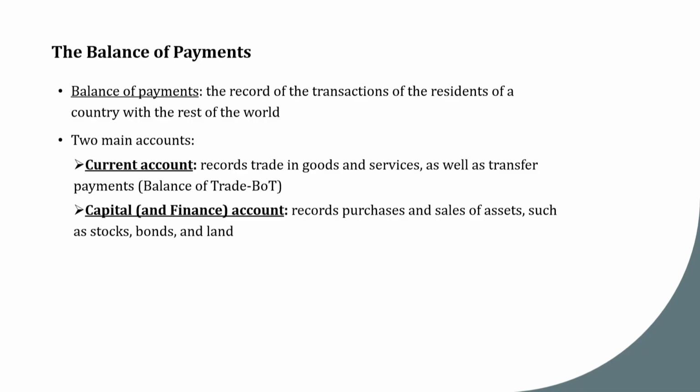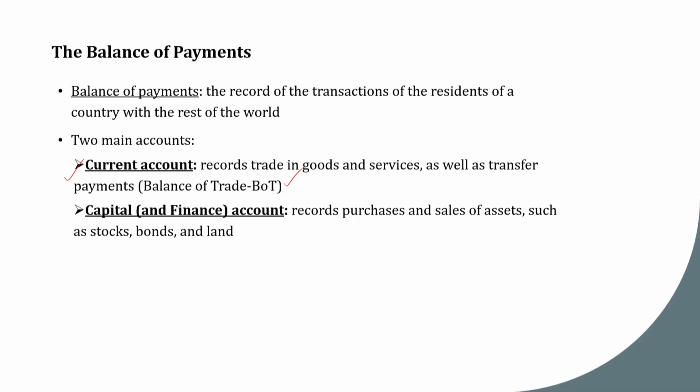Balance of payments is an official record of the transactions of the residents of a country with the rest of the world. Mainly there are two accounts. One is called the current account. It records all trade in goods and services as well as transfer payments. In general, it is called the balance of trade account, in short the BOT account.